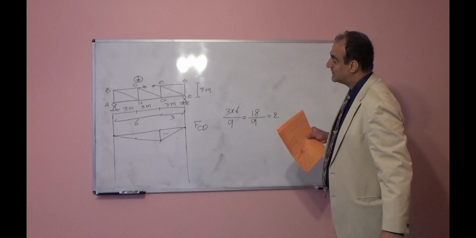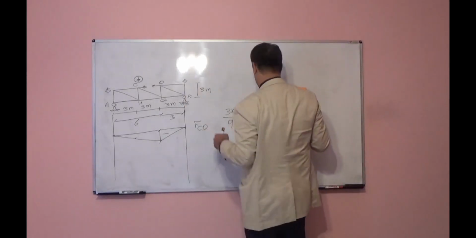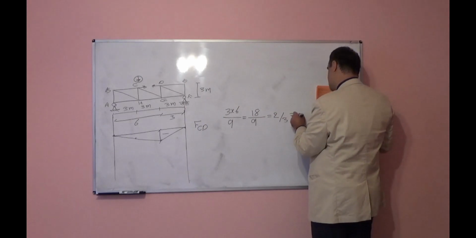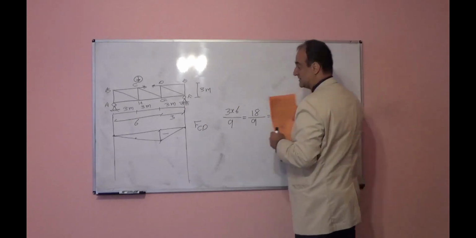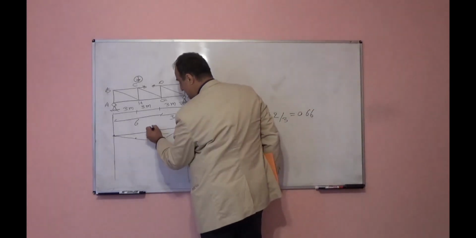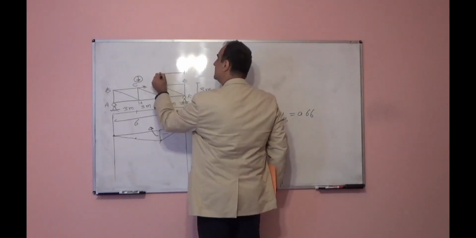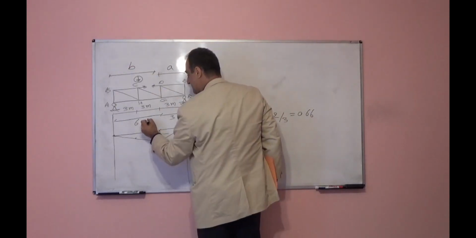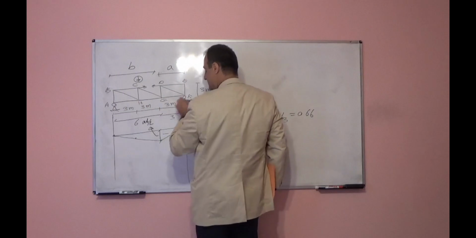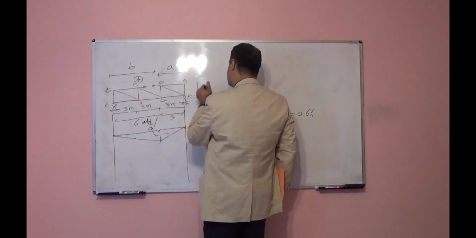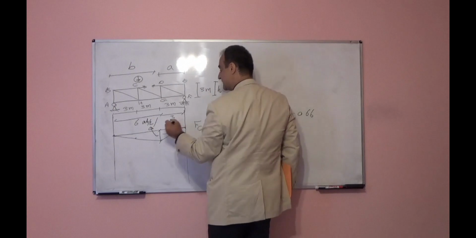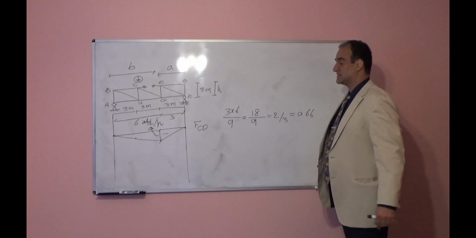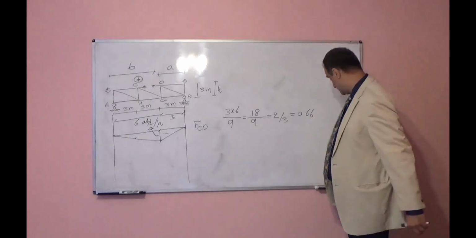Then you divide that by the height of the truss. So 2 divided by 3 will be 0.66. So this height will be, if this is A and this is B, A times B over L, the entire length, divided by H, the height of the truss. So you will find 0.66. That is one way to find that.